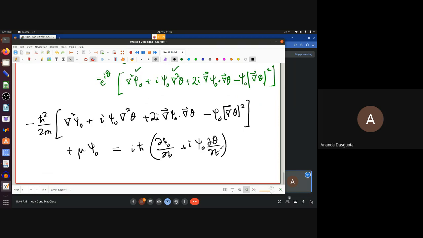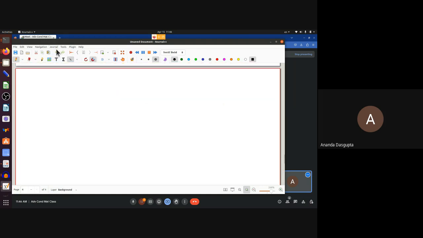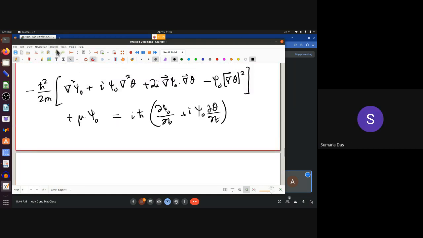So everybody clear with this part of the calculation? Yes, sir. So now, I wanted to tell you exactly what the real part of both sides of this equation will be. Starting from the right, on this side, what is the real part? Minus h cross del theta del t psi 0. Good.